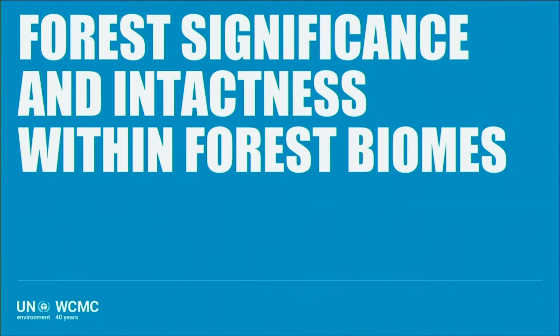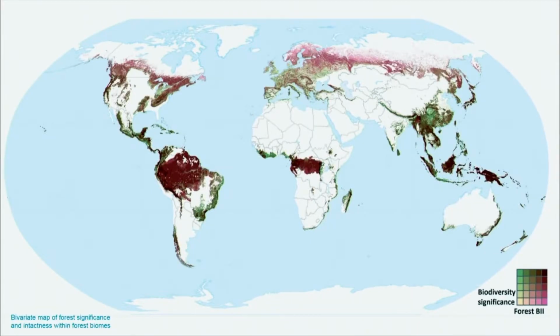Moving more towards monitoring, we develop indices that bring together biodiversity significance and forest biodiversity intactness to look at how we can provide information management systems to conservationists and land use planners, to look at the different forest biomes all over the world.